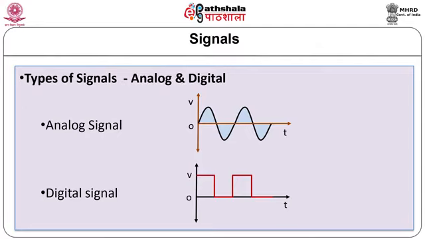It takes any value over a full range of voltage or current in a continuous manner. A digital signal utilizes discrete or discontinuous values. The information is represented by discrete values such as 0 or 1, low or high, true or false, on or off, etc. These signals take up only one of two discrete values.